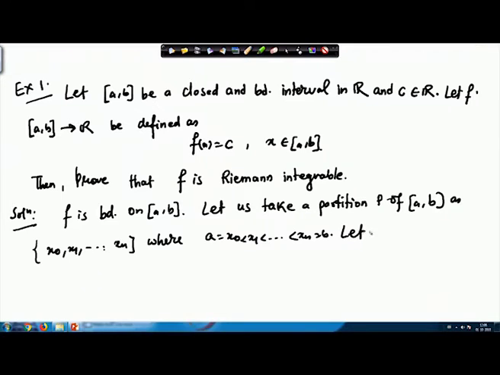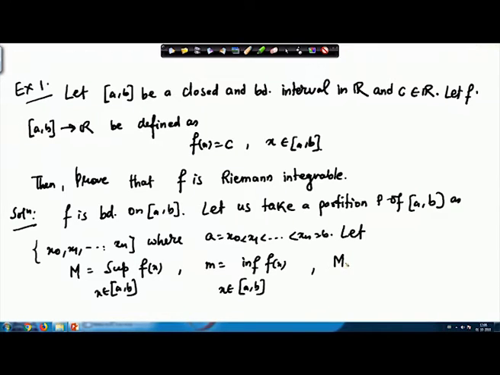Let capital M be the supremum of the function f(x) on this closed interval [a, b], and small m be the infimum of the function f(x) on this closed interval [a, b].